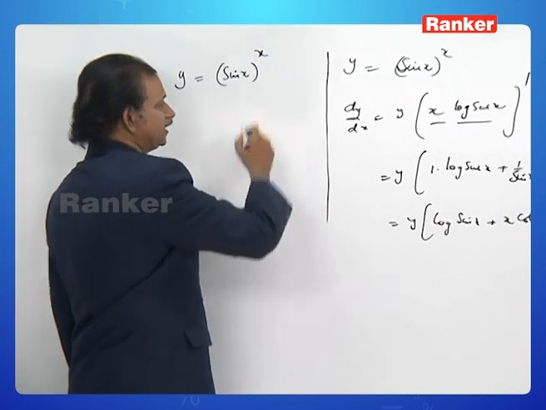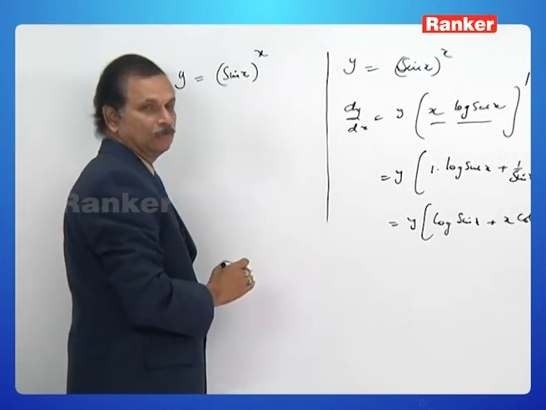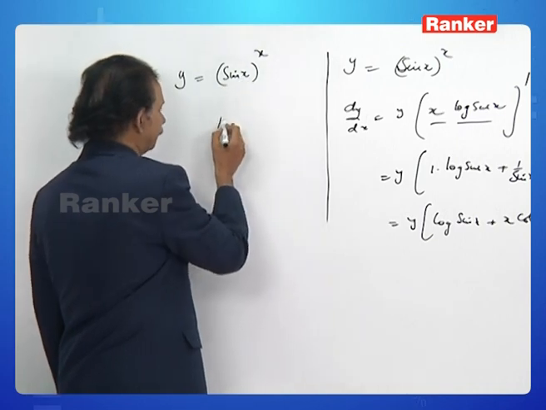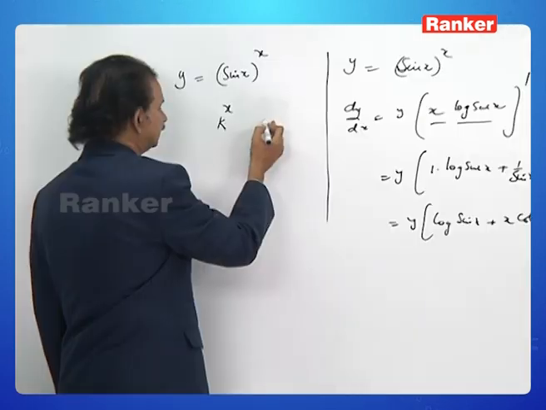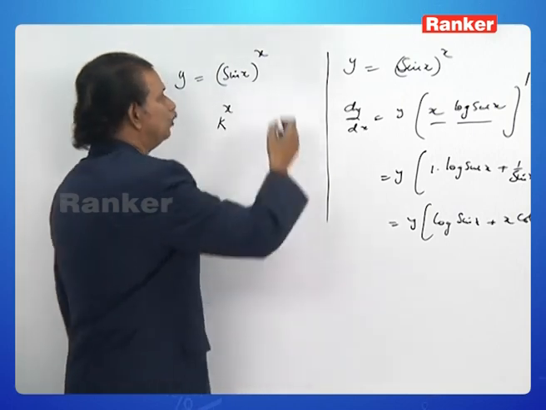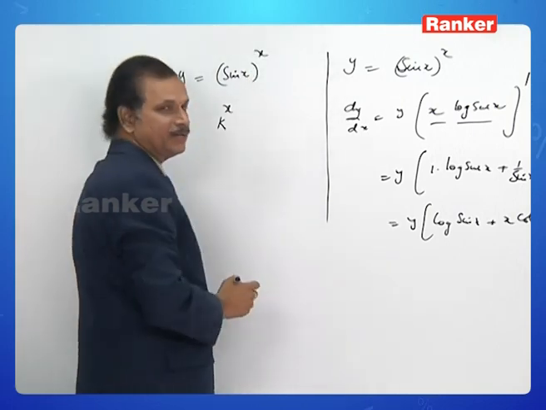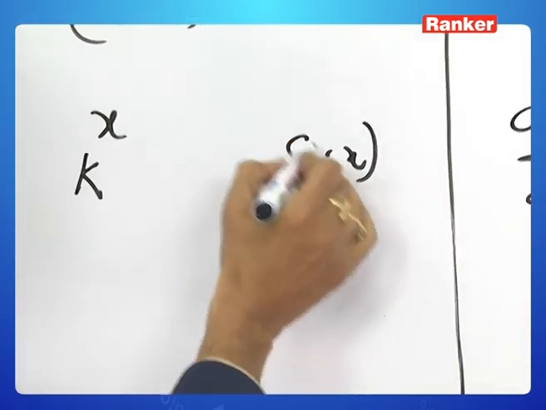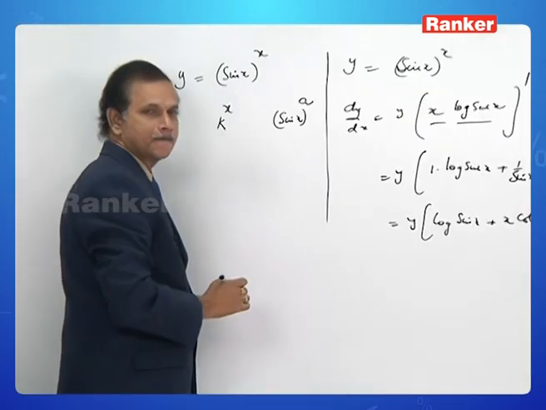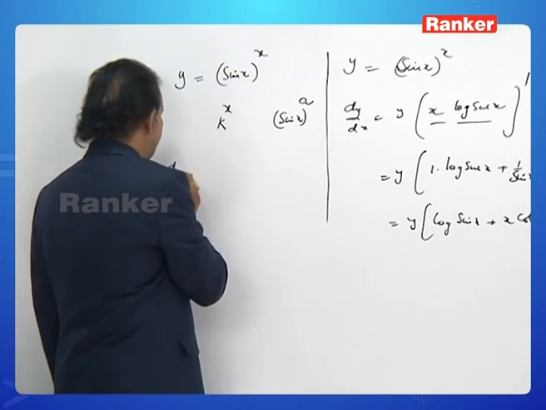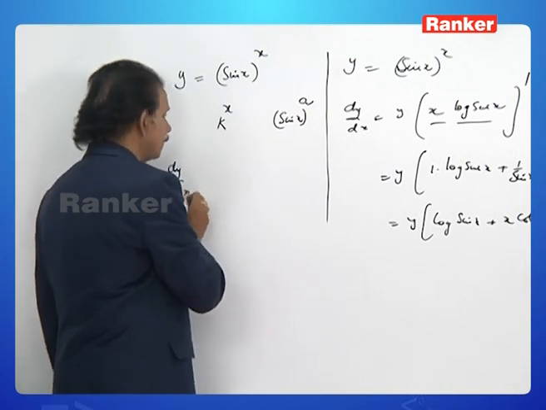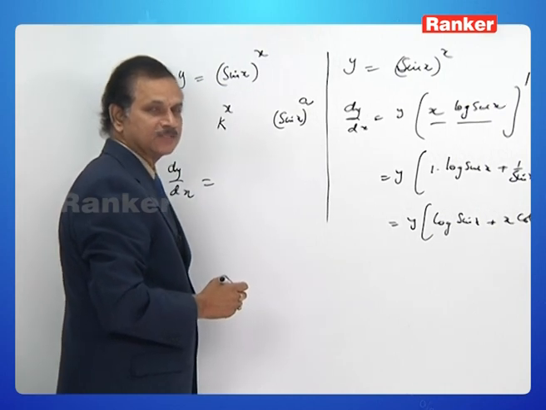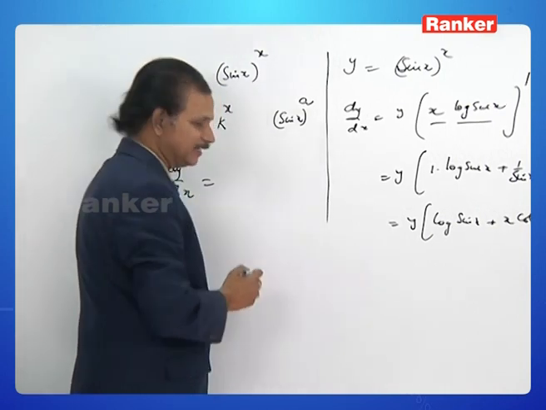You split this into two forms. First of all, suppose this base is some k. Then you take the exponent as some constant, it is (sin x) power a. dy by dx is equal to derivative of k power x, which is k power x into log k, isn't it?